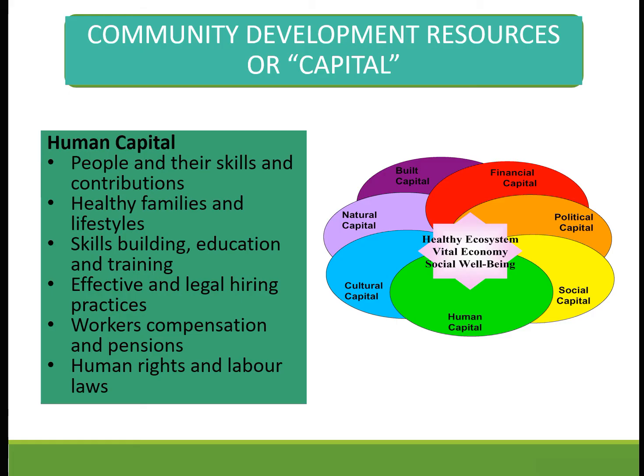Human capital is also about healthy families and lifestyles. It's about skills building, education, and training that is in that community. The types of hiring practices, whether people have workers' compensations or pensions. Some would also argue, having unions may help with human capital. And, obviously a community should have strong human rights and labor laws.